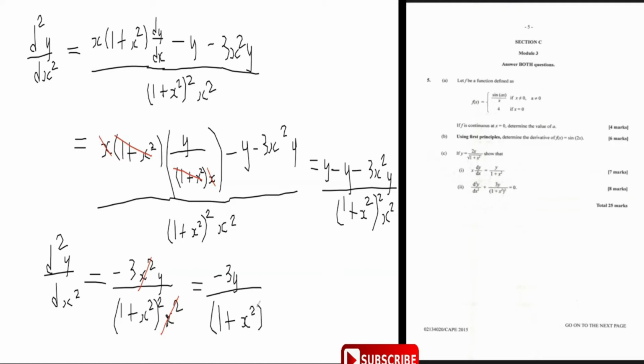So now that this is what we get, we can just bring it over to the other side. This implies now, adding this to the other side, we're going to get d2y by dx squared plus 3y over (1 plus x squared) all squared is equal to 0.